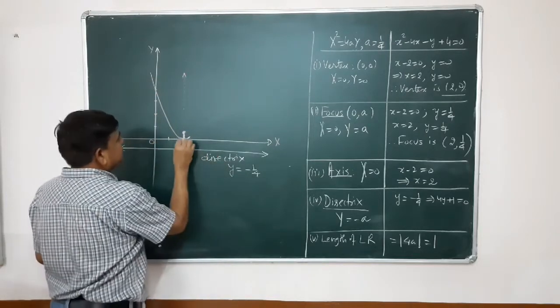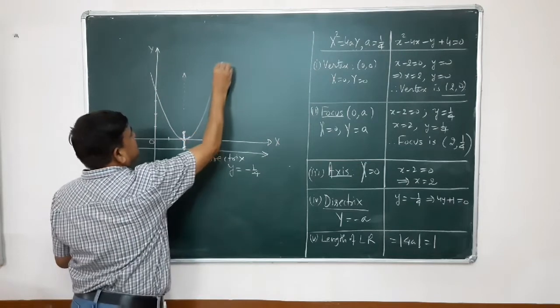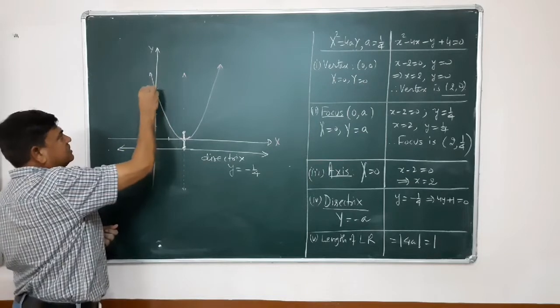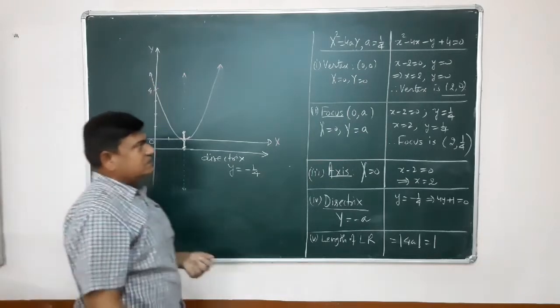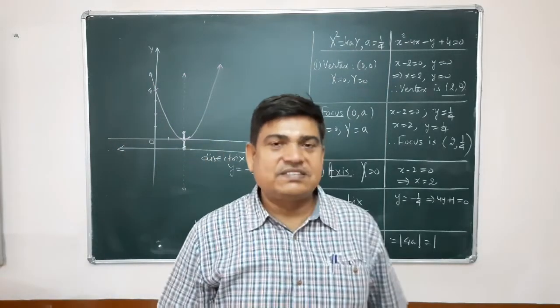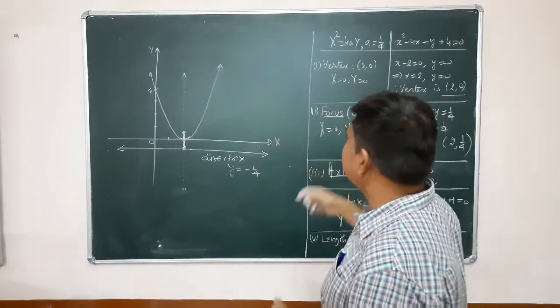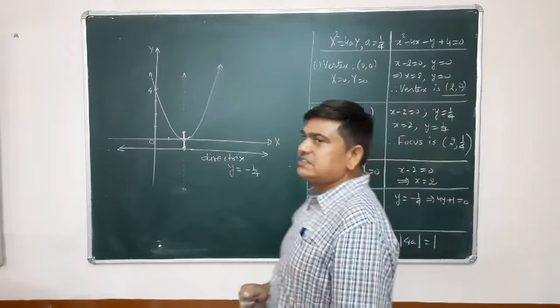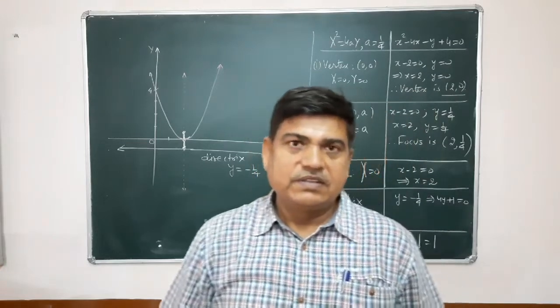Yes, now you can draw one point here. Here it is 4. So this is the trace of the given equation, that is x square minus 4x minus y plus 4 equals 0.